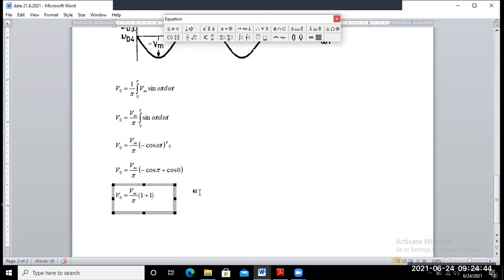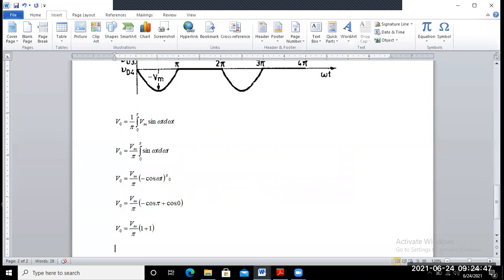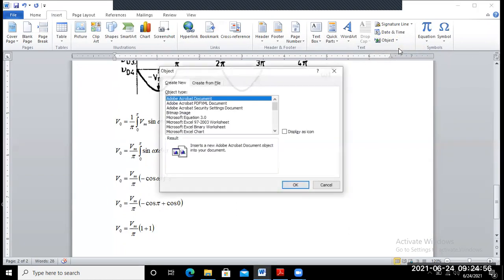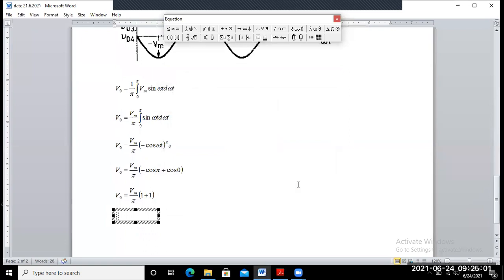That means the average output voltage is 2 Vm by pi. Is it not? Average output voltage V0 equals 2 Vm by pi.